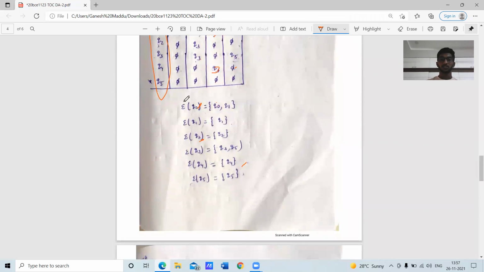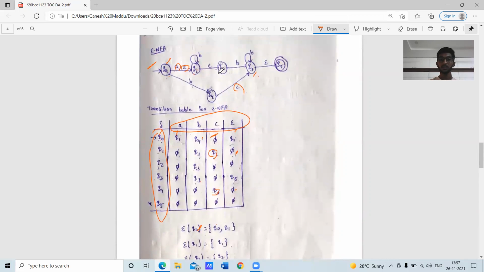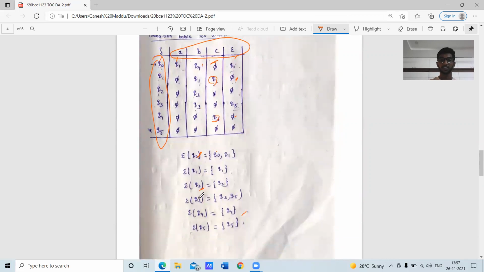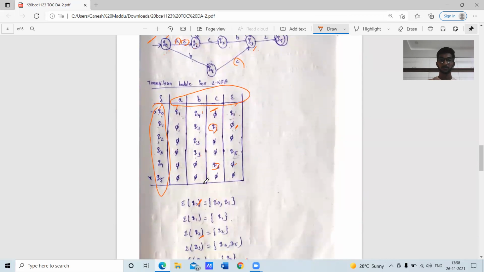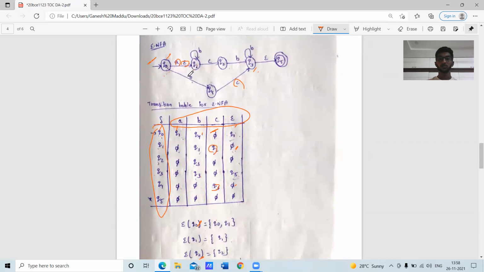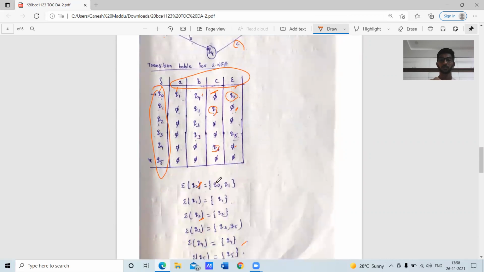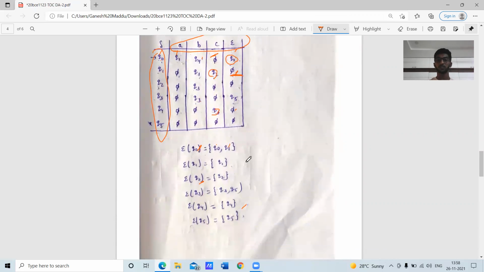Next, find the epsilon closures of all the states. Epsilon closure of Q0 means first include Q0, and from Q0 to Q1 he is moving by using epsilon, so this is Q1. From Q1 there is no epsilon transition, so just Q0, Q1. For Q1, include Q1; there is no epsilon transition, so just Q1.